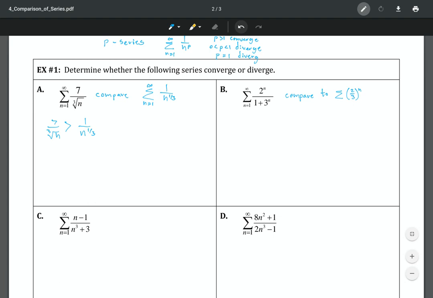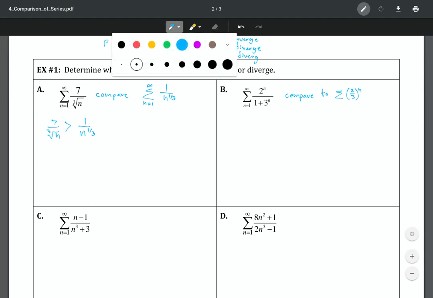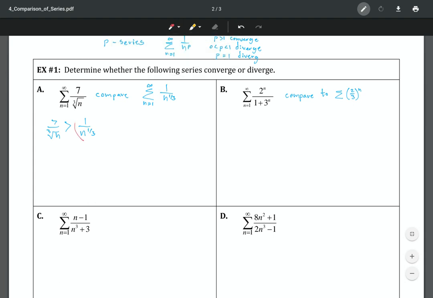Okay, so notice that what this says right here is that the series that I'm comparing it to is going to be smaller. So this right here is smaller, and that's kind of the important part. Let me write that in red because the description, I think, gets a little bit confusing. So I'm just going to write smaller here. Not that you didn't know that, but now we know which inequality to use.